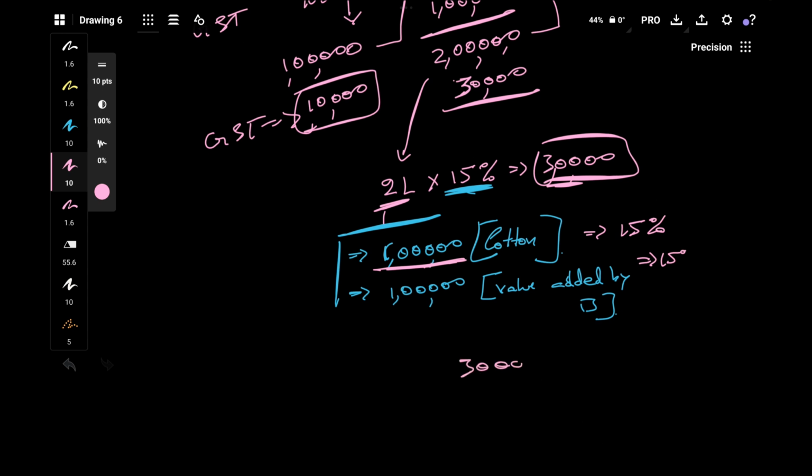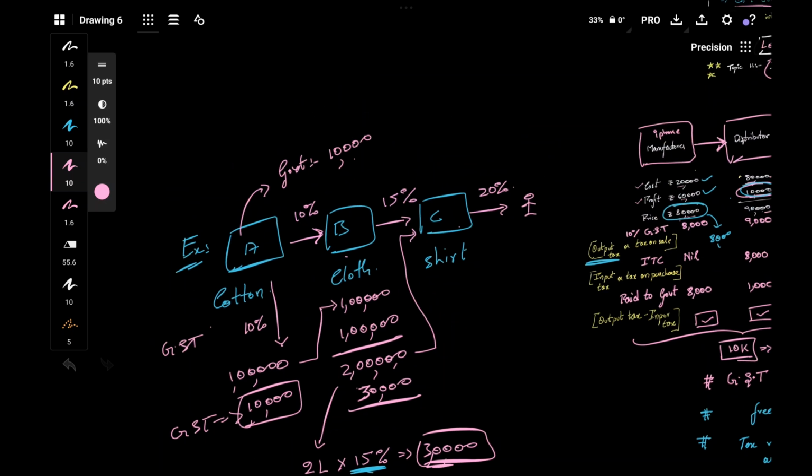So from 30,000, what is the tax he has paid, like tax on sale. When this B is selling to C, 15% comes to 30,000.